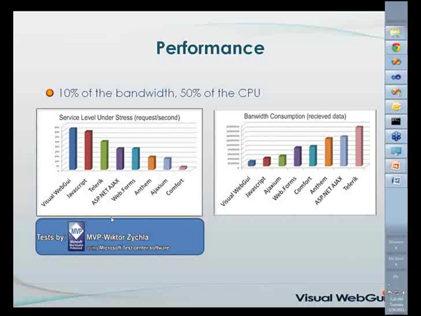You can see Visual WebGui applications in banking and insurance and HMOs, in government, in security. So when you're talking about stress levels, there are a lot of good examples.